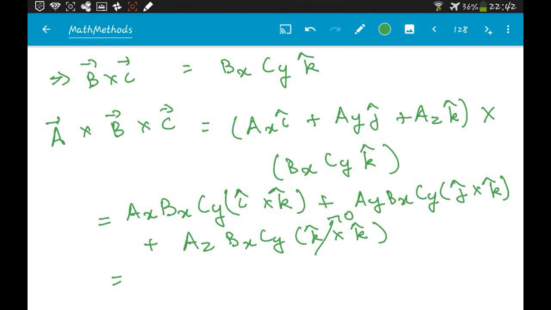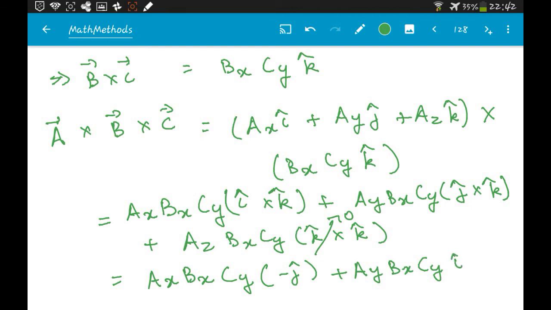I cross J gives you K, J cross K gives you I, and K cross I gives you J. But here it is I cross K, so this will give you minus J. So you are going to get AX BX CY into minus J, plus AY BX CY into J cross K, which gives you I.